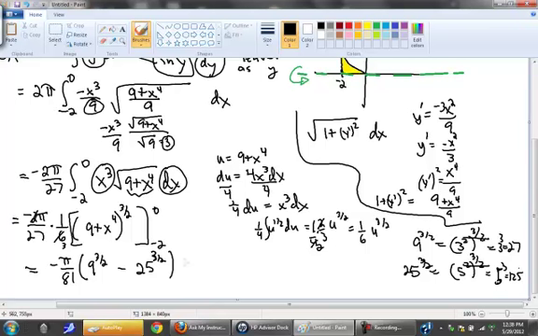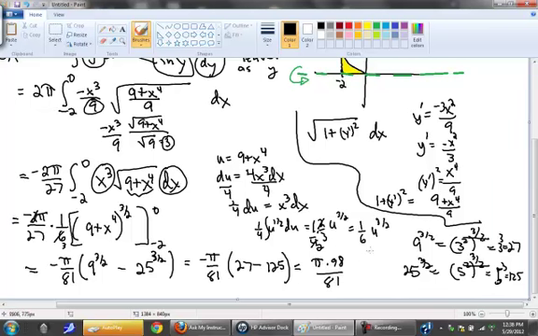So we'll have negative pi over 81 times 27 minus 125. It's negative 98. So pi times 98 over 81.